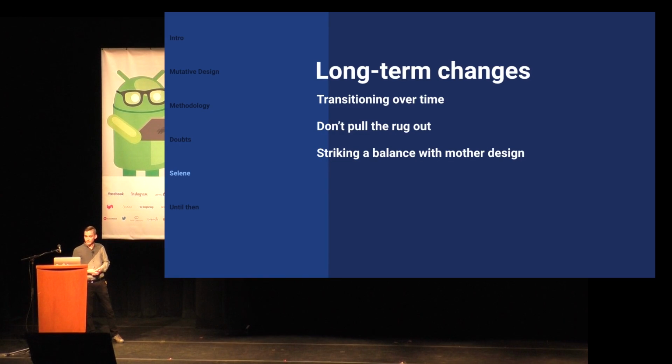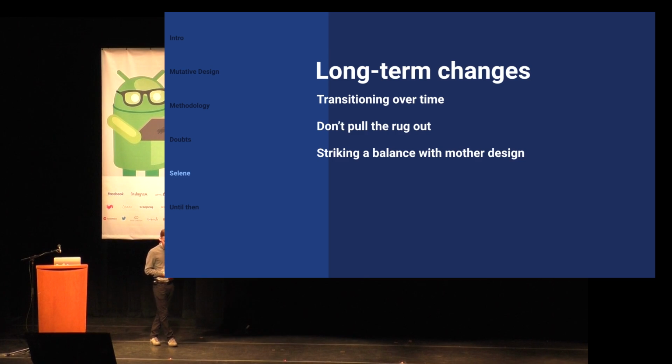So then, we also need to talk about long-term changes, transitioning over time, and as I mentioned, disturbing user confidence. So ideally, you would get most of the changes out of the way in the first mutation, like I said, but it wouldn't be true to the spirit of mutative design if it weren't flexible enough to keep changing. So basically, don't pull the rug out from under the user all at once.